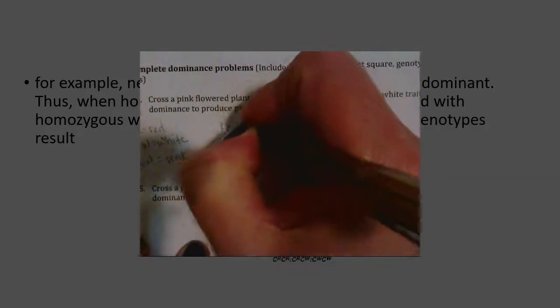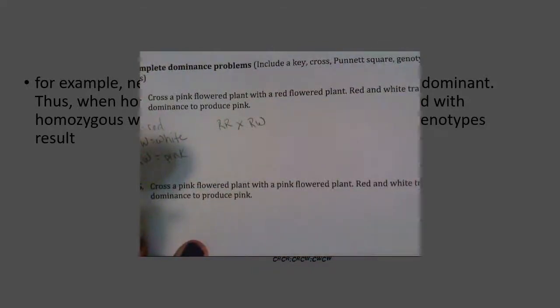So we're going to set up our cross. We have a pink flower crossing with a red flower. So we know that red is our two R's and pink is our R and W. We're going to set up our Punnett square.